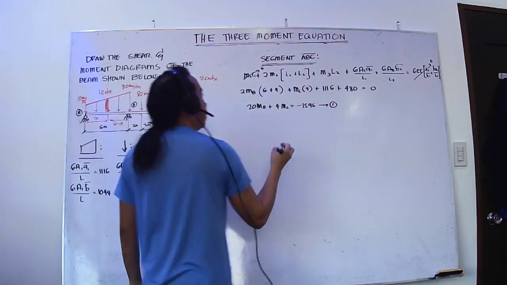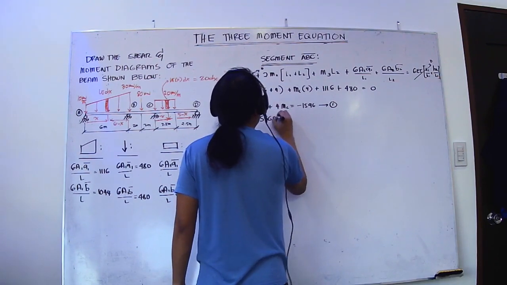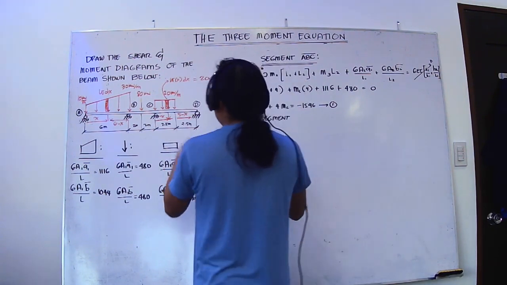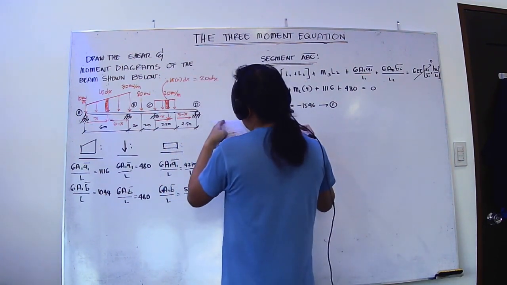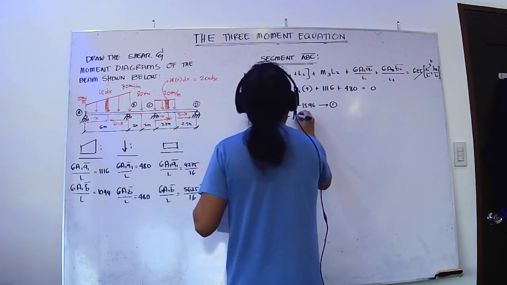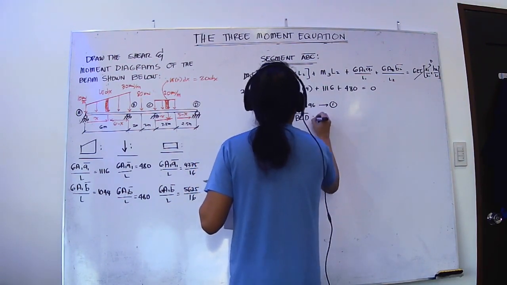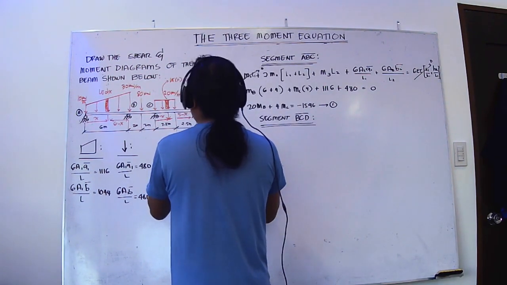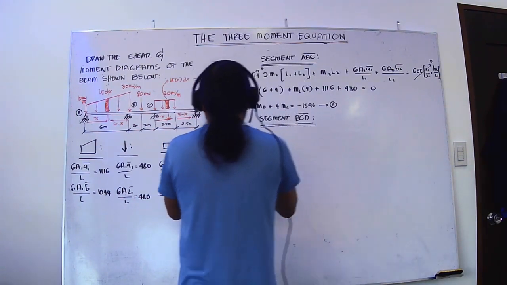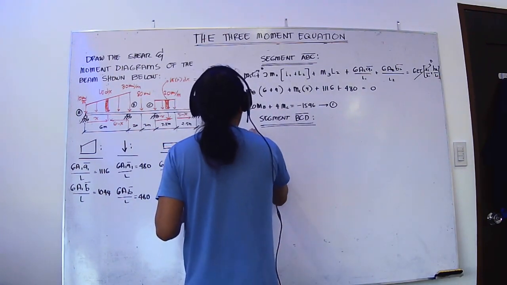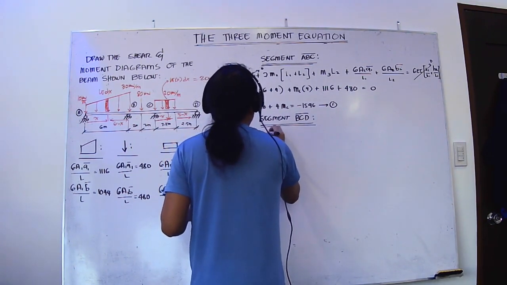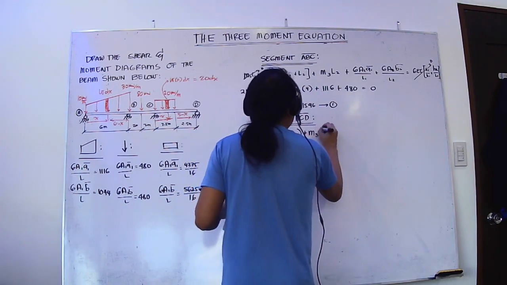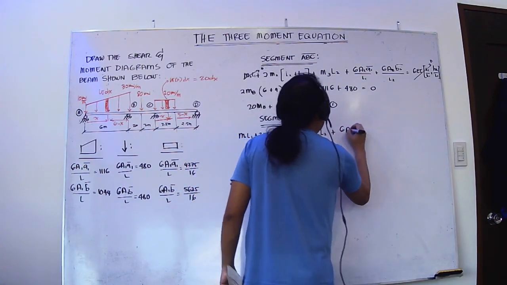Segment ABC. Now, segment BC, how do we do it? BCD. I will take it here. We have M1 L1 plus 2 M2 L1 plus L2 plus M3 L2 plus 6.